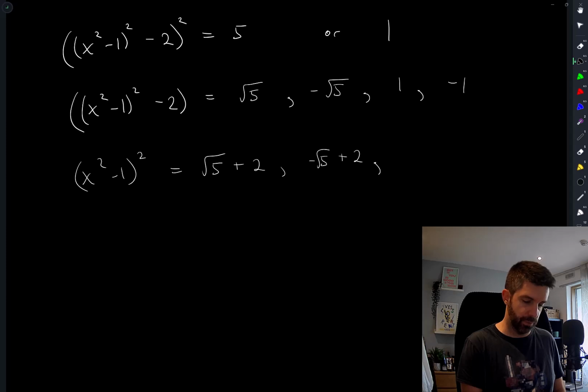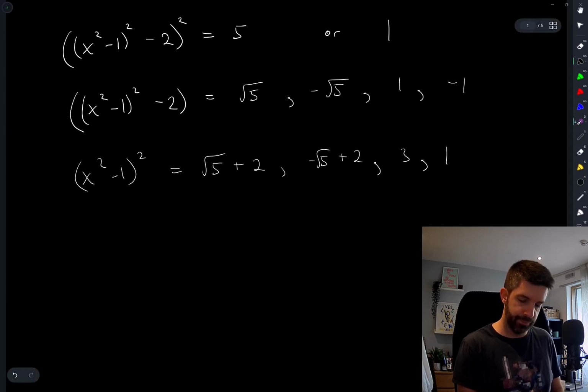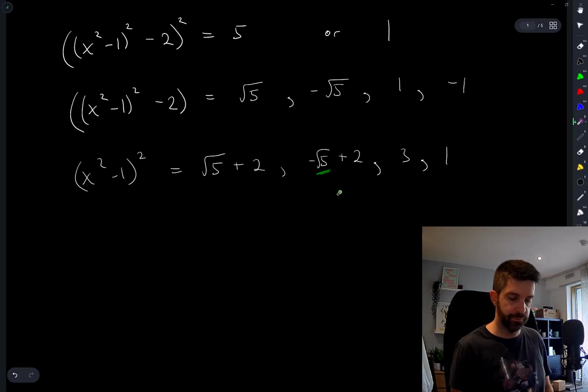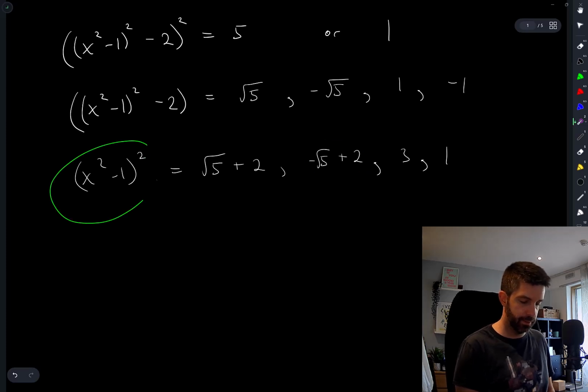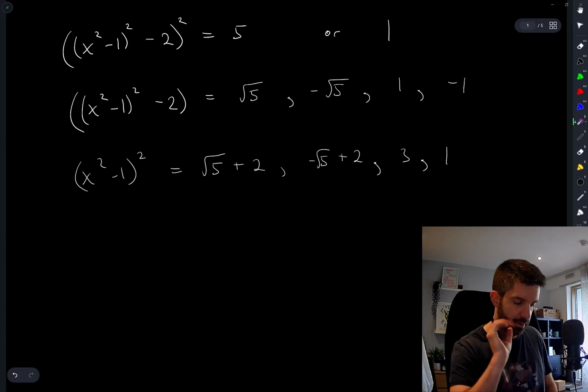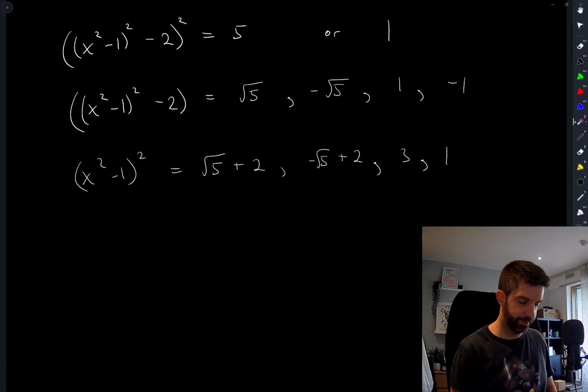And now I see where things take a bit of a turn. So this is negative, right? The square root of 5 is a little bit greater than 2. So 2 minus root 5 is negative. So we're not going to get a real solution anymore, at least.